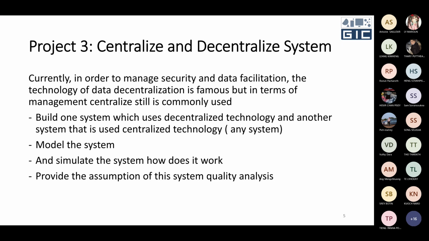I am someone who is an expert in network technology. I can give you an example of this decentralized thing. You know Redis?